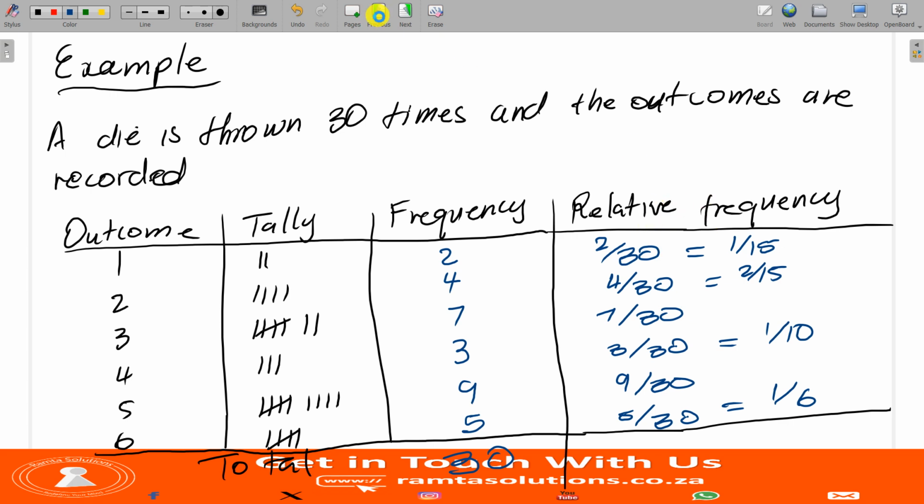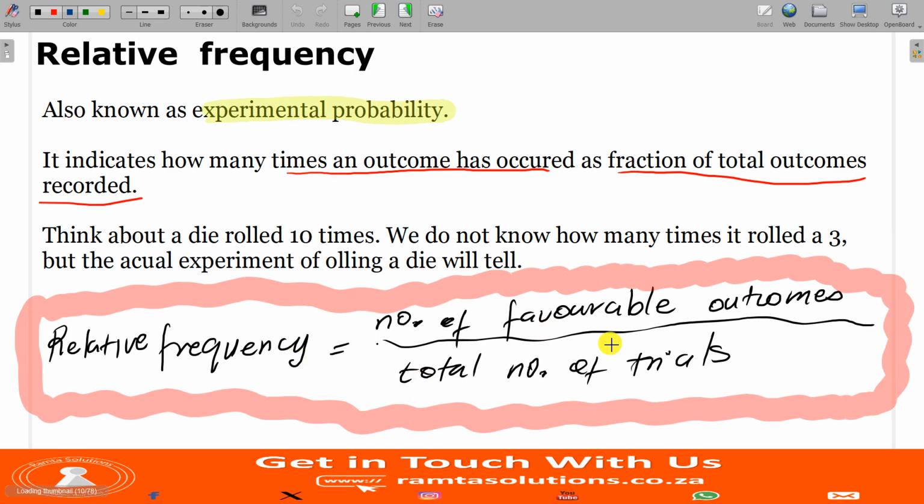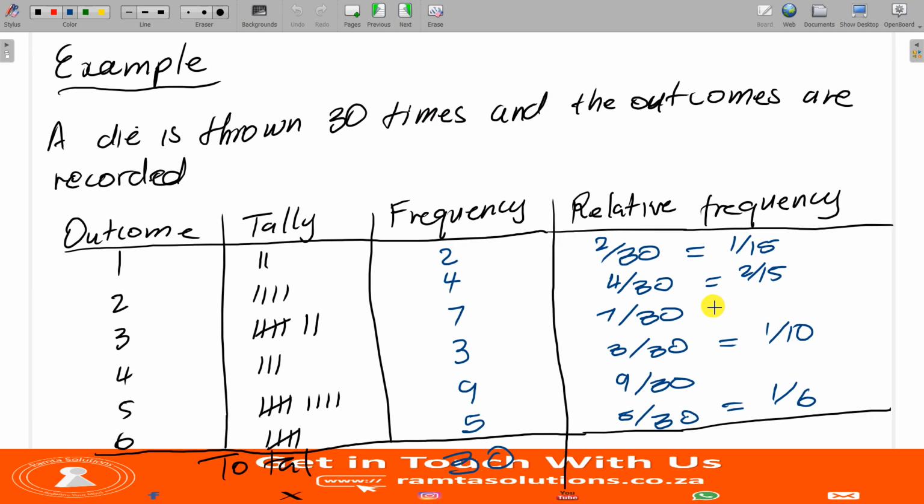Remember, guys, I said relative frequency is the number of favorable outcomes over the total number of trials. So given this table here, say they ask you what is the probability of rolling a 1 in this experiment. The probability will be 1 over 15, isn't it?